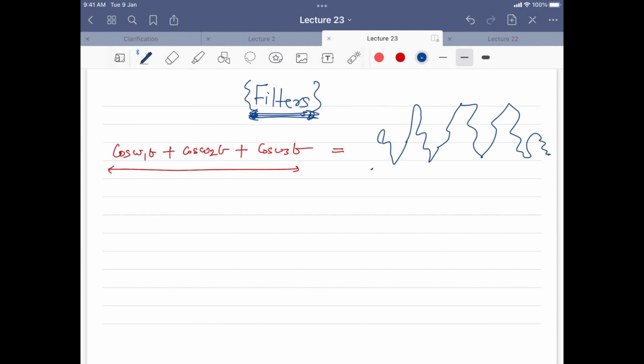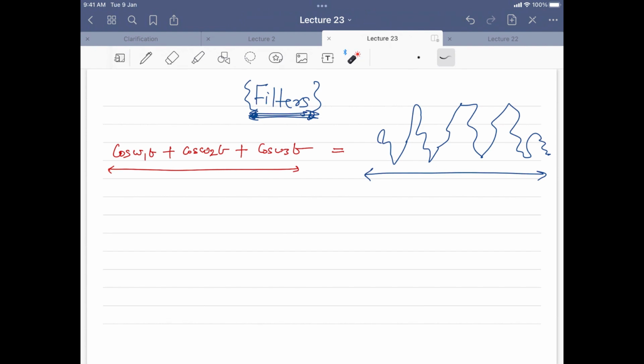So for this particular waveform, sometimes there are applications in which we want to remove one of the components, let us say cos omega 1t. How do we do it? What is the way to remove this cos omega 1t sinusoidal signal?